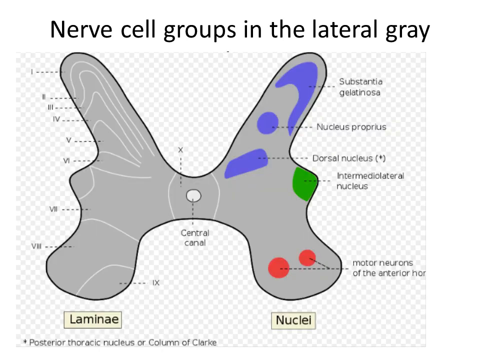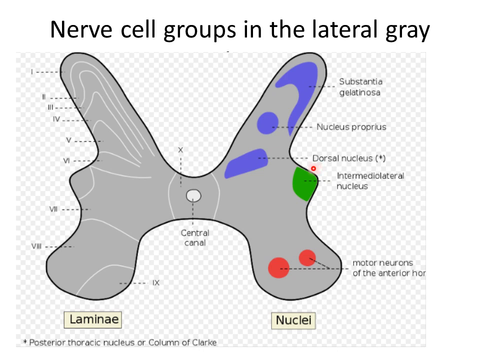So, nerve cell groups in the lateral gray column. The intermediolateral group, you can see here the one shown in the green. They form the small lateral swellings, which extend from the first thoracic to the second or third lumbar segment of the spinal cord.